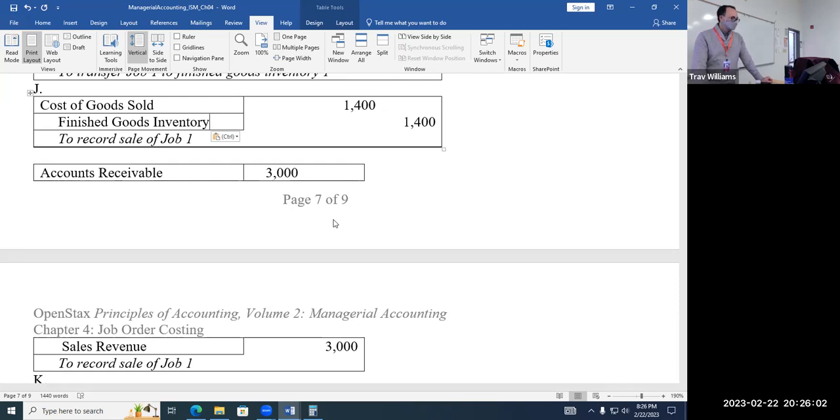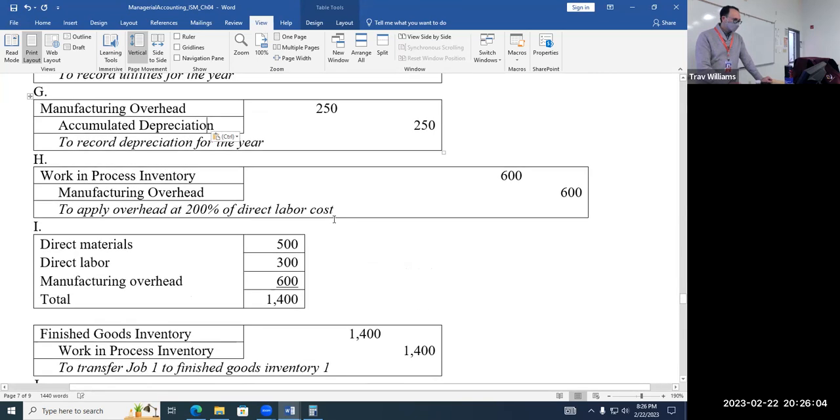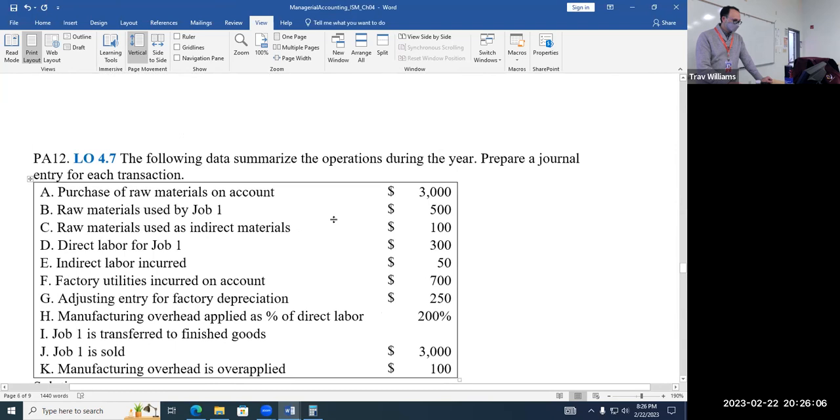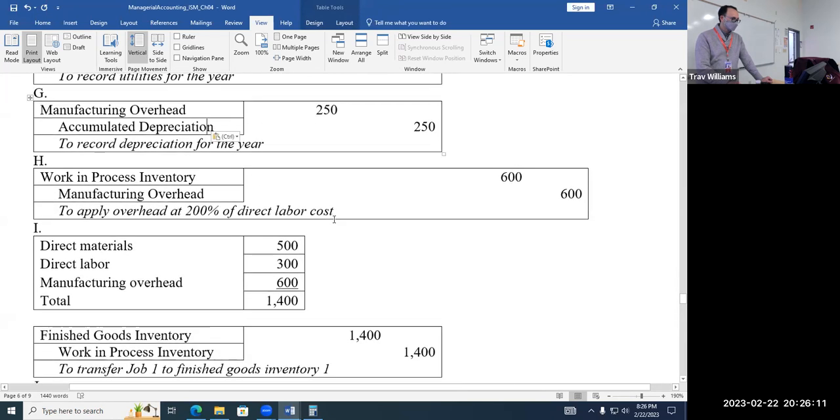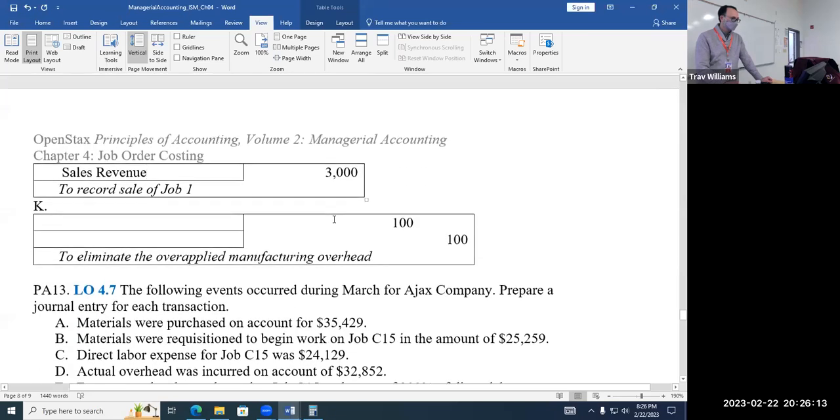And then for the last part, we were $100 over applied in manufacturing overhead for the year. So if we were over applied, that means we applied too much overhead to cost of goods sold. So we need to reduce our cost of goods sold.